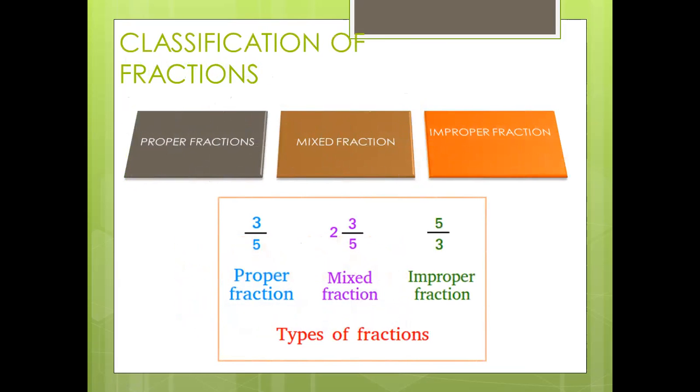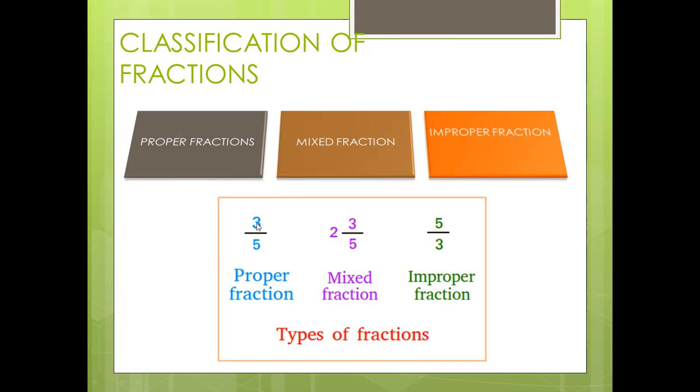Now let's go to the classification of fractions. For the classification of fractions, we have three classifications: proper fractions, mixed fractions, and improper fractions. You can see the differences. Proper fractions are fractions whose numerators are smaller than their denominators.